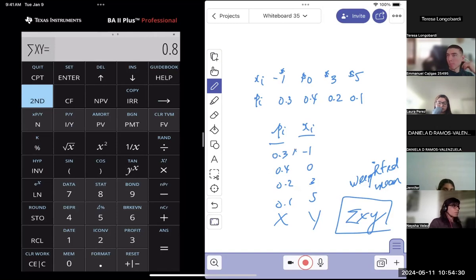Otherwise, you have to multiply. You can do it in Excel. You can do it manually, and sum them to get the total, which is not so hard with these small numbers.